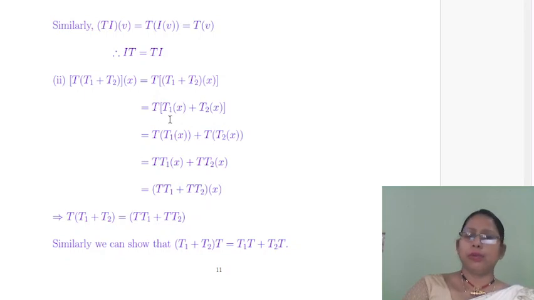Again use the property of linear transformation, and I will get T T1x plus T T2x, and this can be written as (T T1)x plus (T T2)x. Again using the property of linear transformation, I can write it as (T T1 plus T T2)x. Similarly, we can show that (T1 plus T2) into T is equal to T1 T plus T2 T.